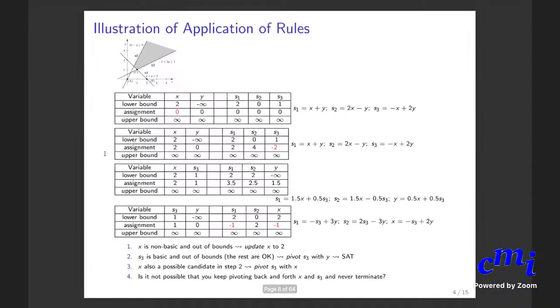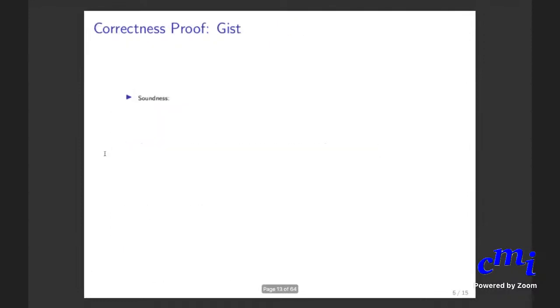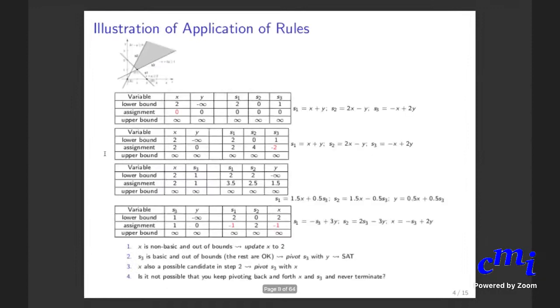Now, this I have illustrated. You can go through this, but after each pivot and update, these equations change. Here I pivoted S3 with Y, and that itself fixed S1 also.